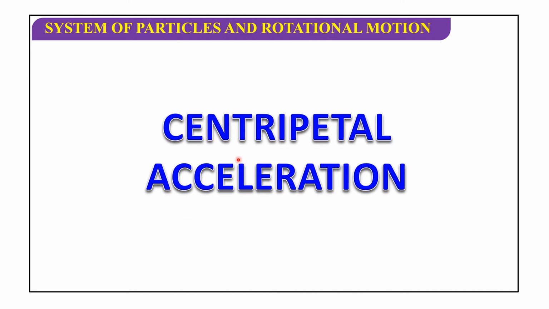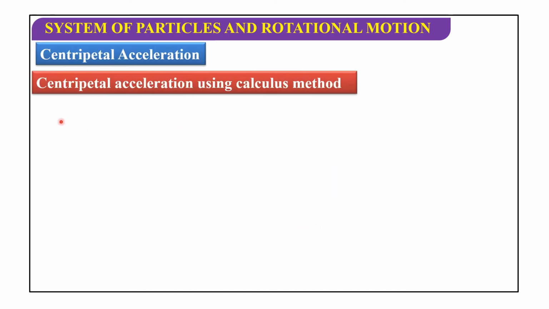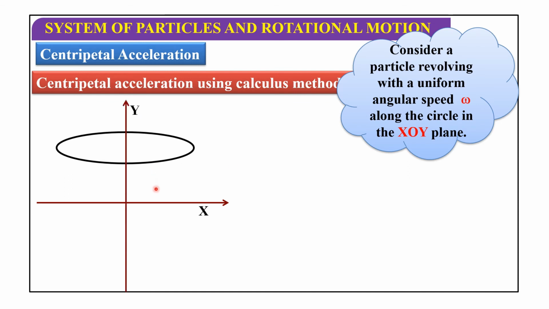Now discuss centripetal acceleration using the calculus method. Let us discuss. Consider a particle revolving with a uniform angular speed omega along the circle in the x-o-y plane.